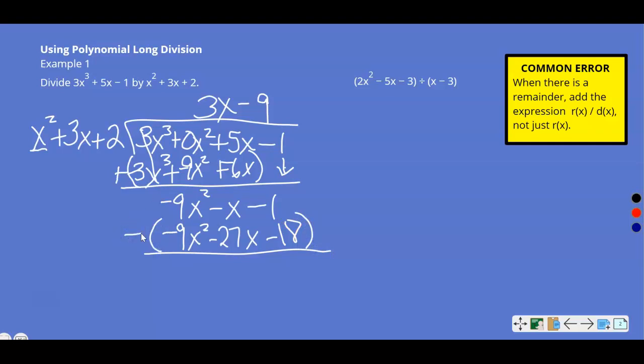In order to do that, we change the signs and add. So I'm going to distribute this negative. Minus a negative, minus a negative, minus a negative makes each of those a positive this time. Now we have negative 9x squared plus 9x squared, and that's going to cancel. Negative 1, remember that's a coefficient of 1 if there's no number there.